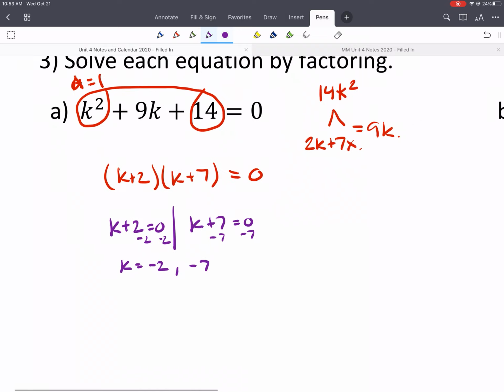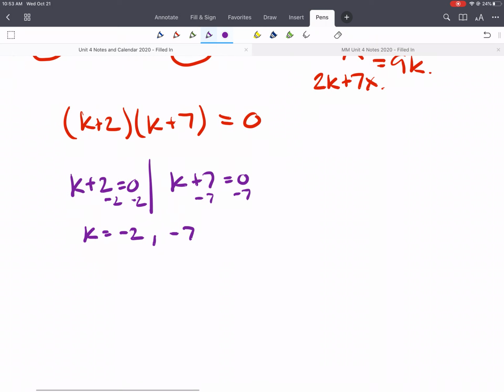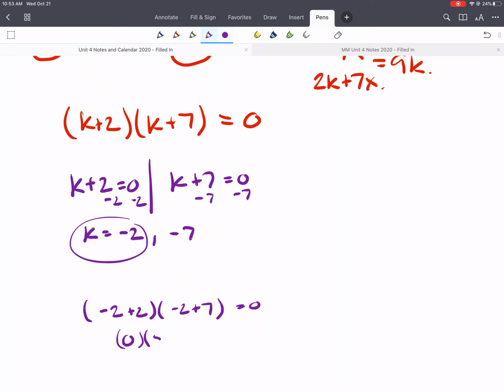Okay, so again, we can check. We can plug those in. If we did k is equal to negative 2, what we would get would be negative 2 plus 2 times negative 2 plus 7. That gives us 0 times 5, which gives us 0. So it's correct, that is a solution.